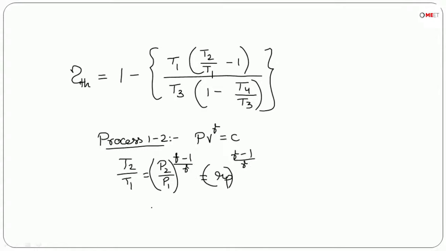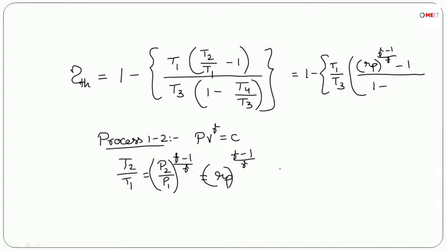So 1 minus T1 by T3, in the numerator, Rp to the power (gamma minus 1) by gamma minus 1, divided by 1 minus T4 by T3.